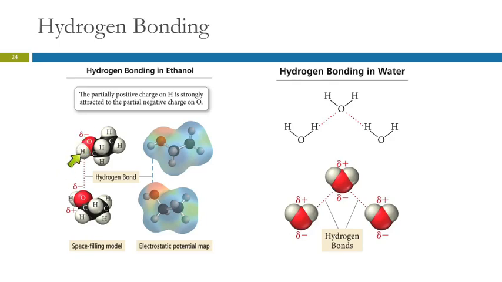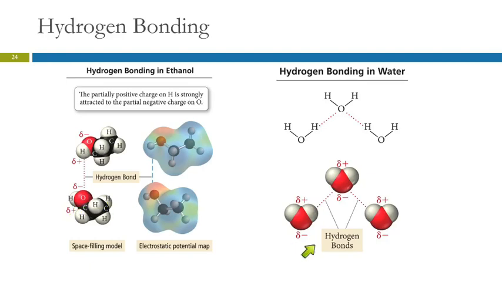So this hydrogen is going to be attracted to the oxygen on a neighboring molecule. The bond between hydrogen and oxygen is not the hydrogen bond. That is a bond between hydrogen and oxygen, but it's not the intermolecular force that we call hydrogen bonding. Hydrogen bonding is an electrostatic attraction between hydrogen on one molecule and fluorine, oxygen, or nitrogen on a neighboring molecule.